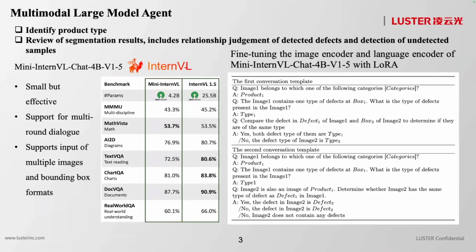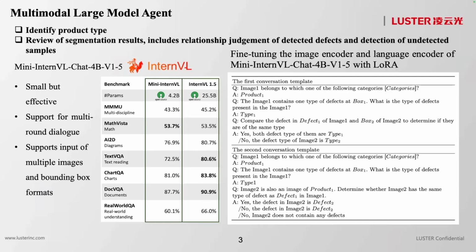For the MLM agent, we hope it will help us with the following tasks. The first one, identify the product type. It can help us to achieve the product-aware segmentation.